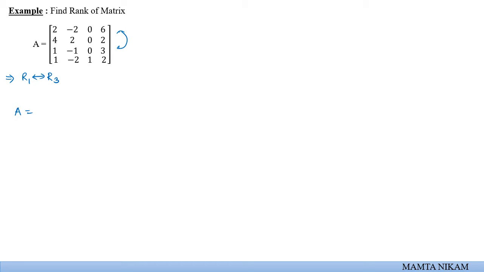So the matrix A now turns out to be 1 minus 1 0 3, 4 2 0 6, then 1 minus 1 0 3, and the last row, I'm sorry, the third row here is going to be 2 minus 2 0 6, and the last row, that is 1 minus 2 1 2.